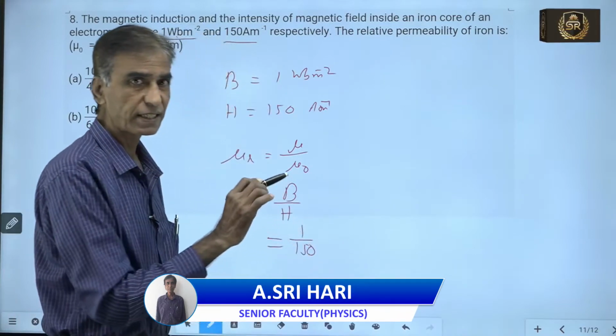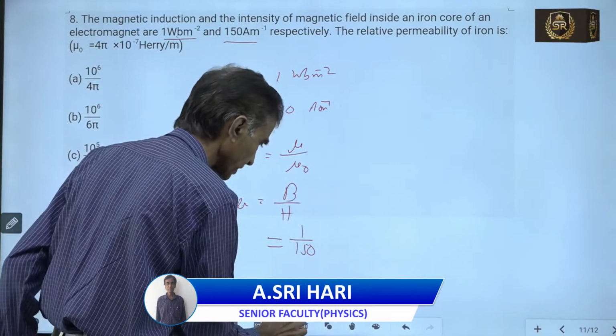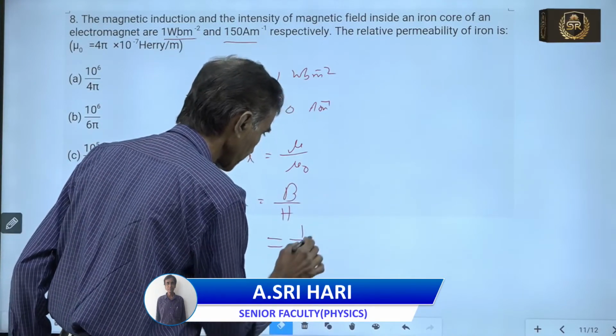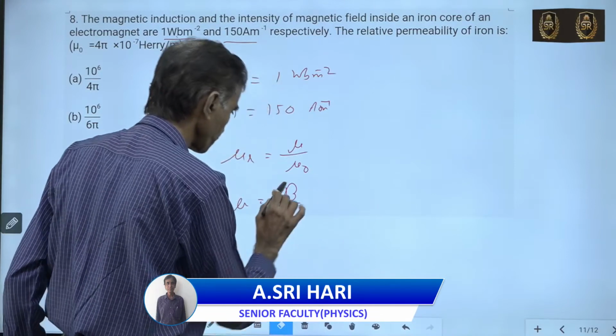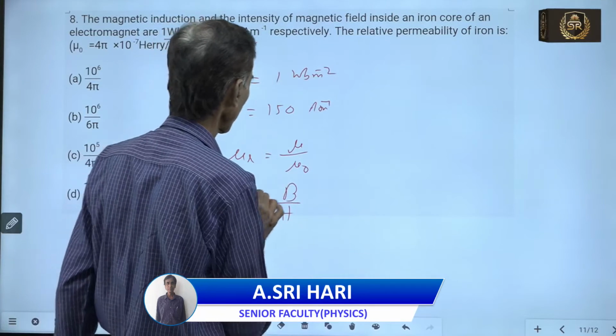Don't calculate this value intermediately. Don't substitute the values intermediately, it is not correct. First you keep as it is, then we will finally substitute values. So mu we know now.